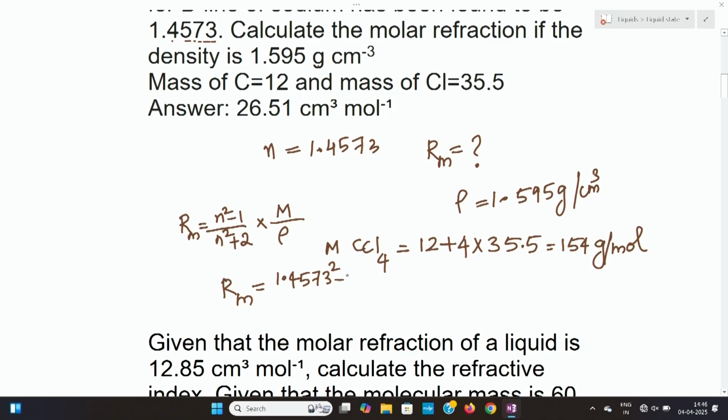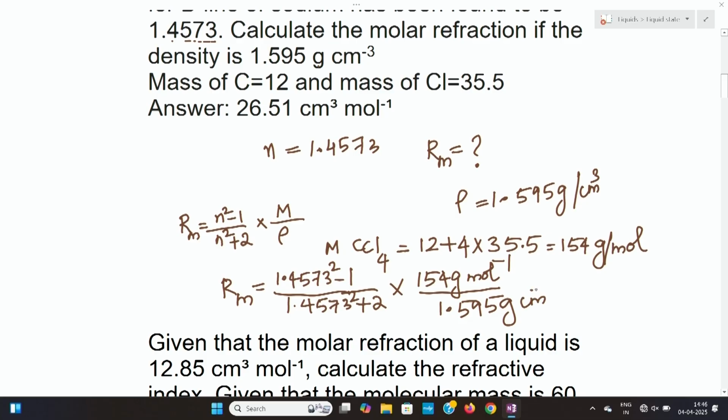Now we have to substitute the values here, that is Rm is equal to 1.4573 square minus 1 divided by 1.4573 square plus 2 into molecular mass, that is 154 gram per mole, then divided by rho, that is 1.595 gram per centimeter cube.